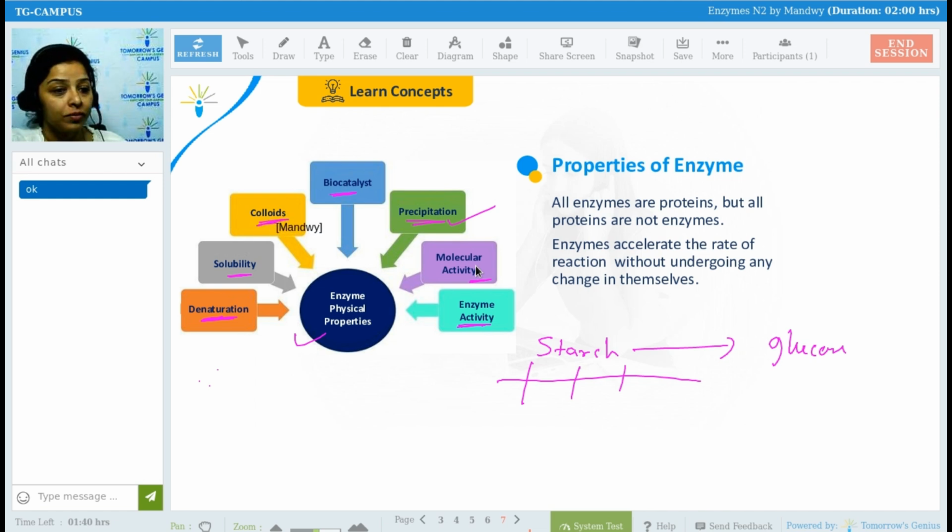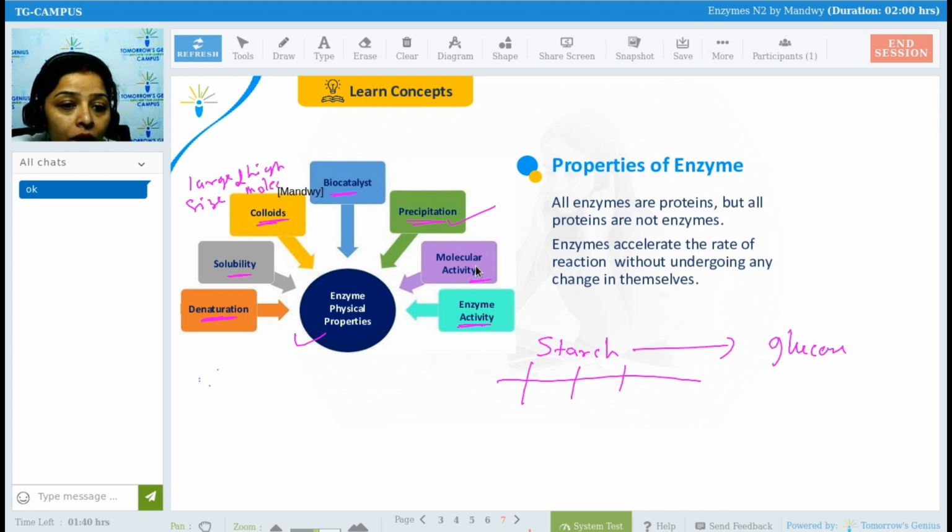Colloids. What is a colloid? The mixture, ma'am. Mixture. Okay. So enzymes behave as colloids because of their large size and high molecular weight.